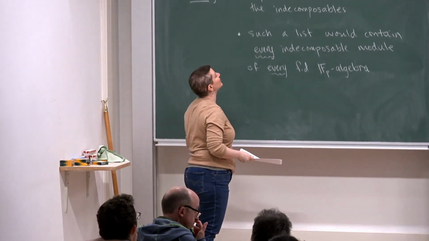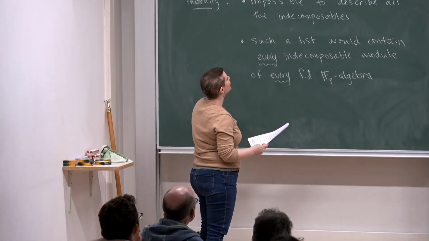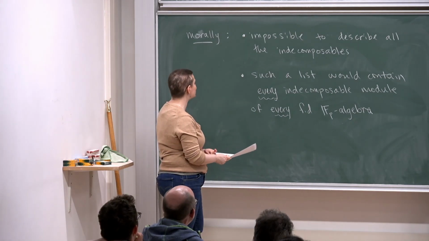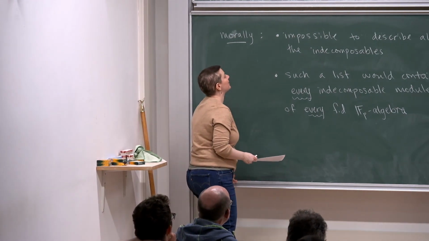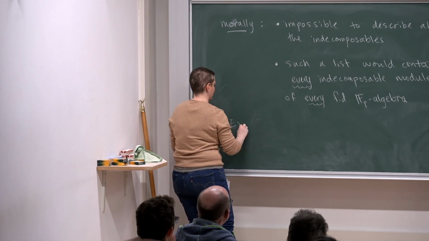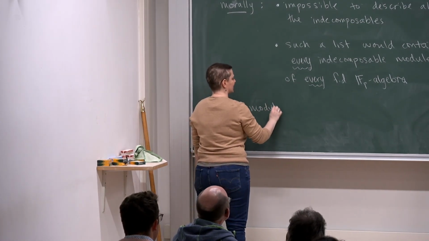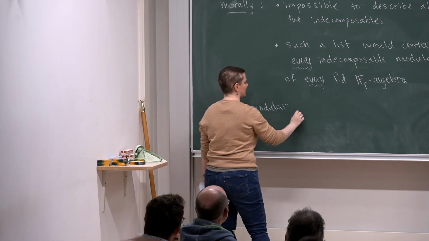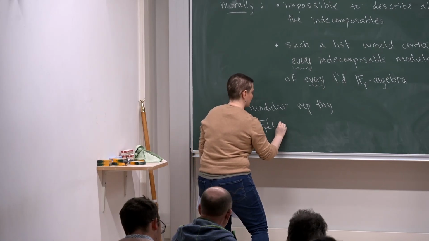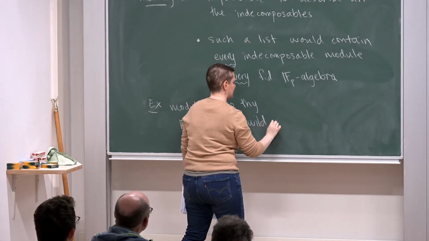And if we were working over, say, not a finite field, then there are even more precise ways to say that this is really an impossible problem. But let's take this as our moral for now, and I will explain a bit more what I mean. But you have maybe heard this term before. For example, this idea of wild representation type shows up in modular representation theory, where you might be familiar with the fact that the group ring FP adjoins CP cross CP is wild unless the prime is 2.